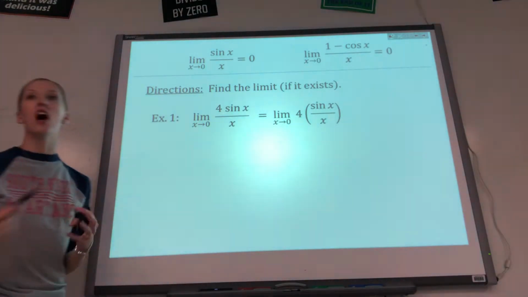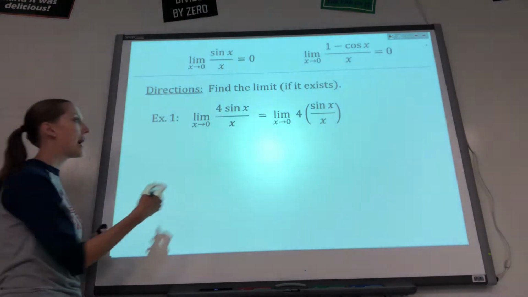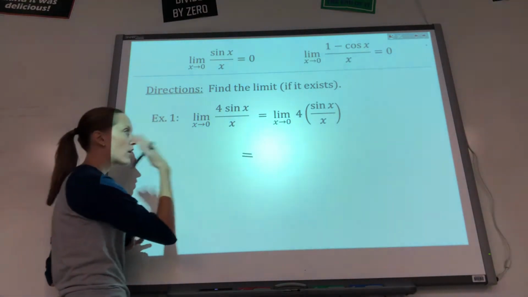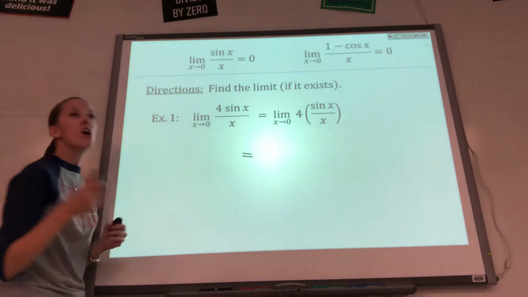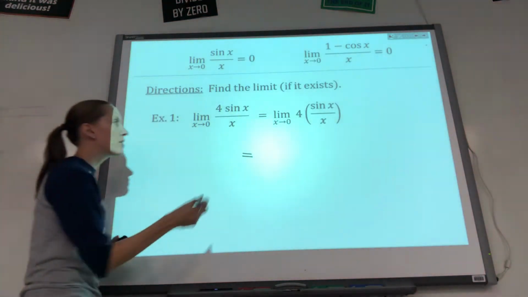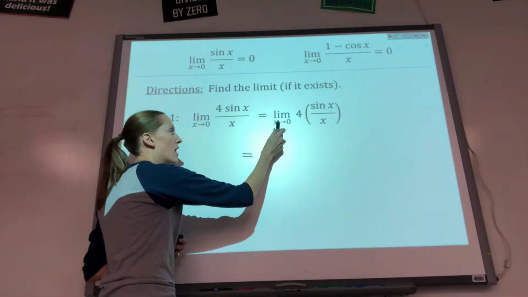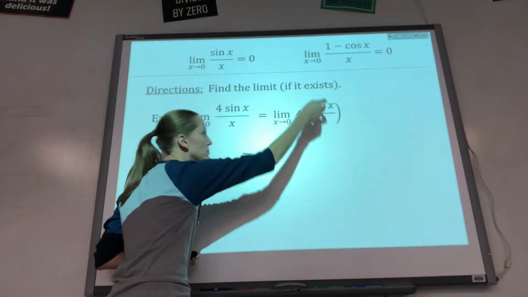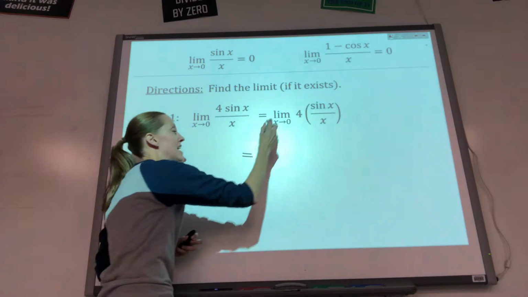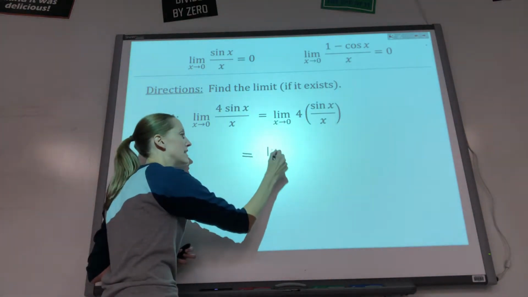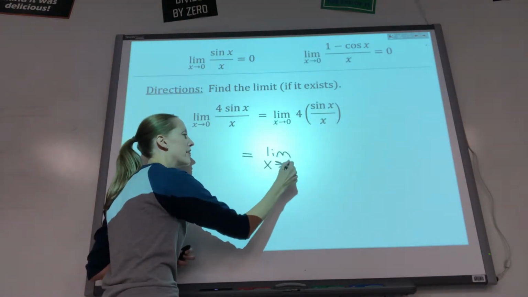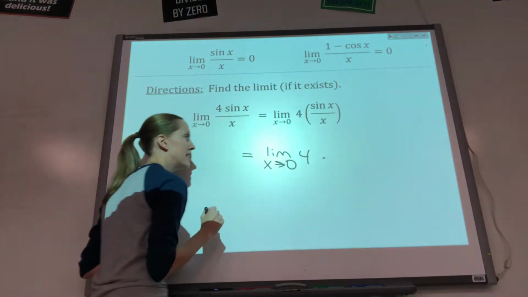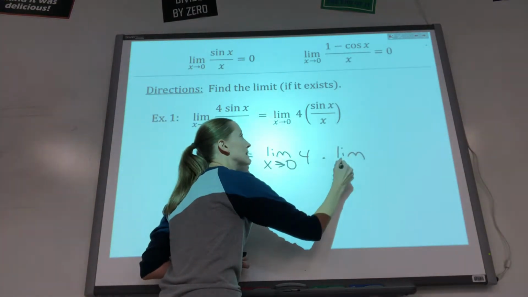Now, you really don't have to show this next step, but I want to show it to you because it's important that you know what's going on. When we talked about limit properties, the limit of a product, this is 4 times sine of x over x, the limit of a product equals the product of their limits.